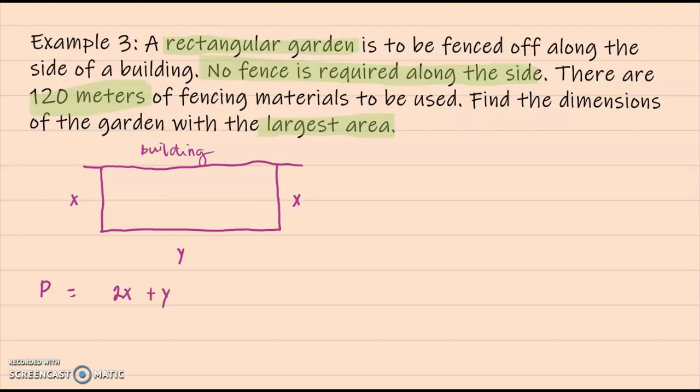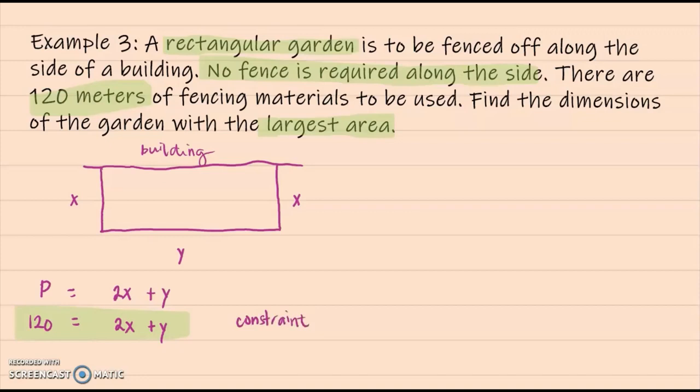Since we have 120 meters of fencing materials to be used, 120 meters is our perimeter. So we have 120 equals 2x plus y. Let's highlight it. And what do we call that equation? That is our constraint.